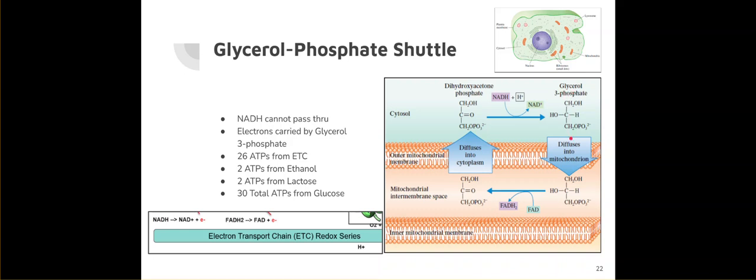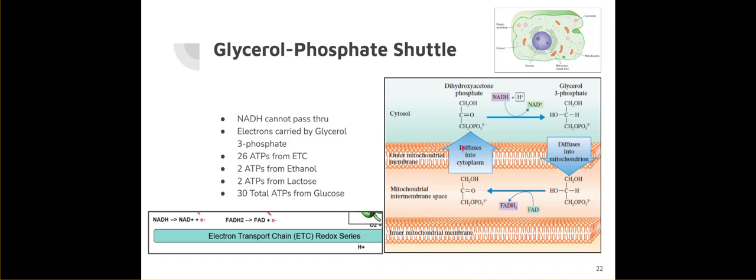This can diffuse into the mitochondria in here, and then it will get converted back to this dihydroxyacetone phosphate again. But in the process, it's going to reduce the FAD to FADH2.